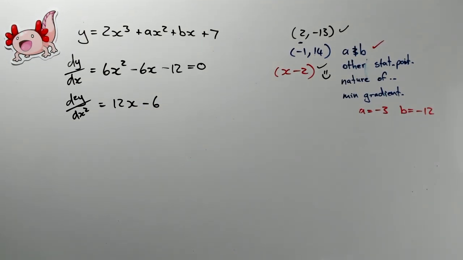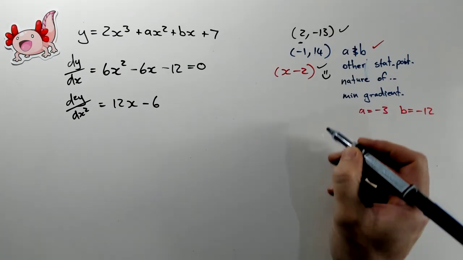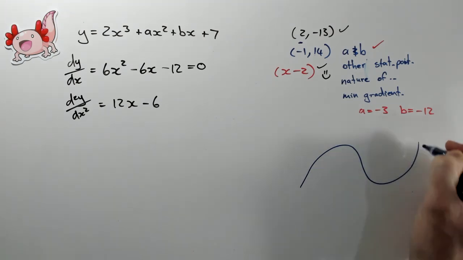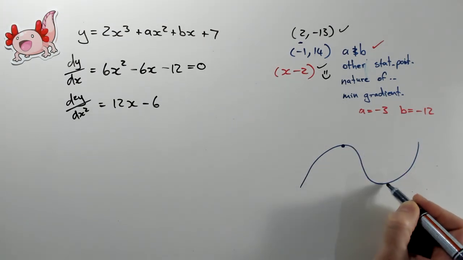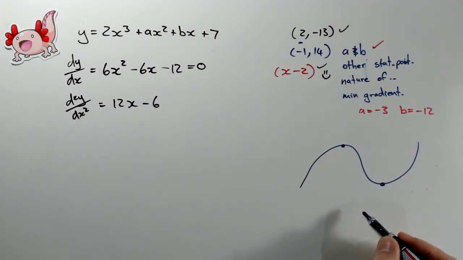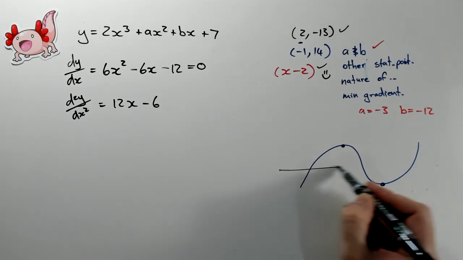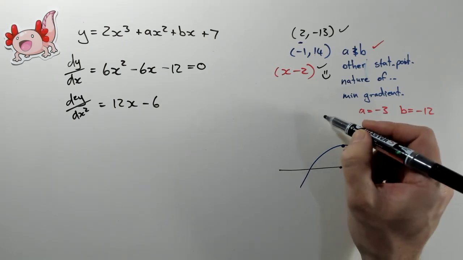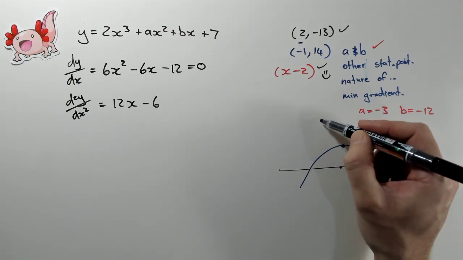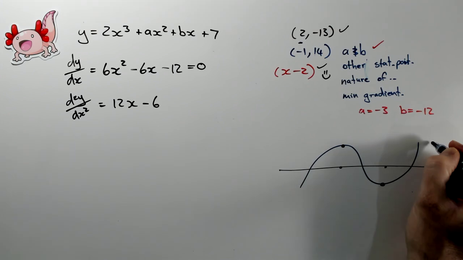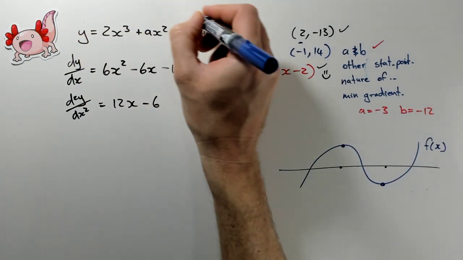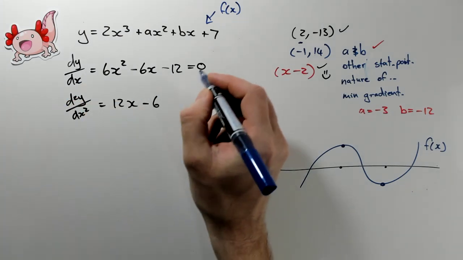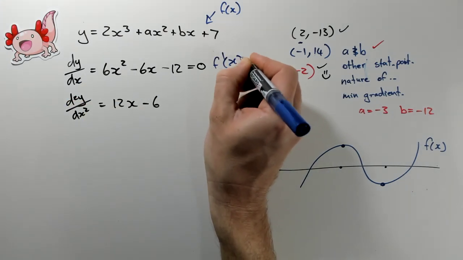Okay. In a previous video, I did show that in this case this one has 2 stationary points. So this function looks like this. It will have 2 stationary points. And let's say this was my x-axis. If I were to draw the gradient function, so this would be f of x, and this is the derivative, so that would be f dash of x.